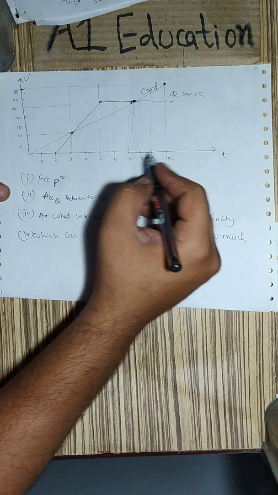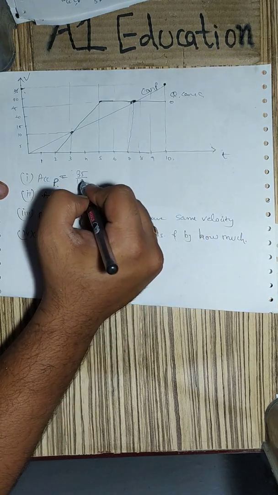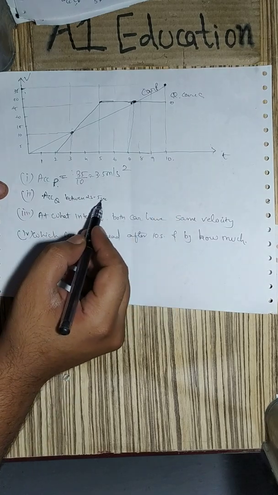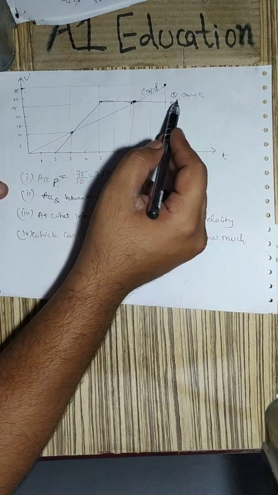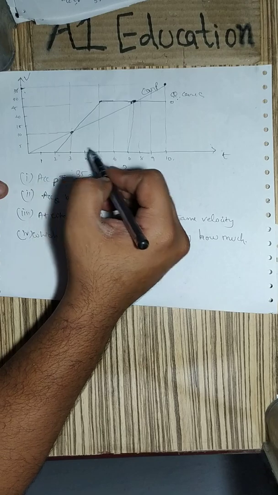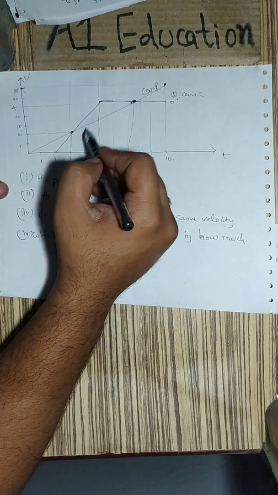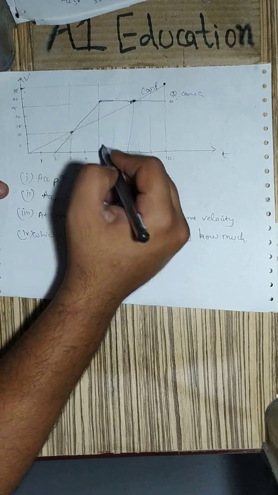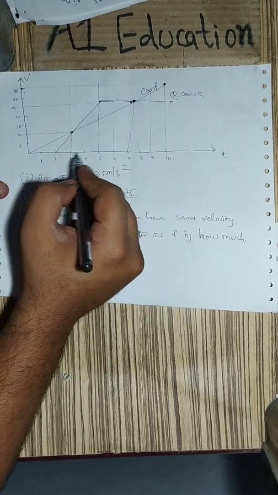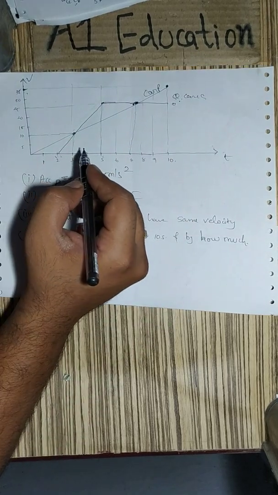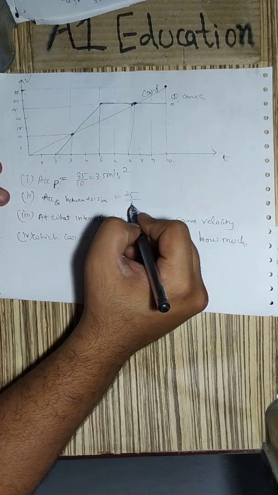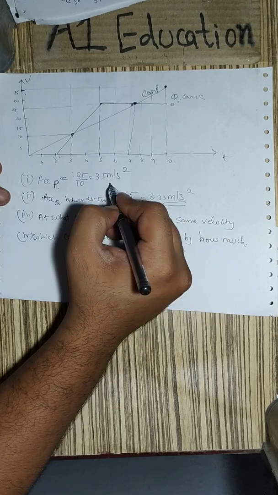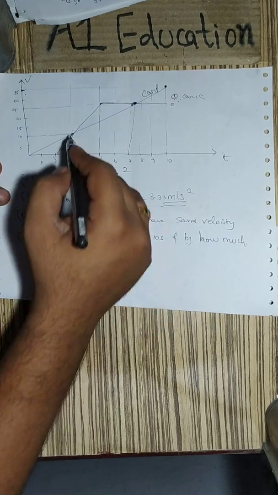Slope is perpendicular upon base, which is 3.5 meters per second squared. Now acceleration between 2 to 5 seconds for Q: again we calculate the slope. The perpendicular is 25, and the base is 5 minus 2, that is 3. So 25 upon 3, that is 8.33 meters per second squared.